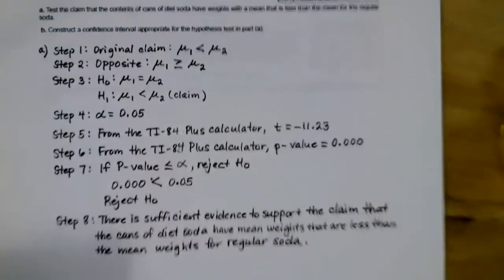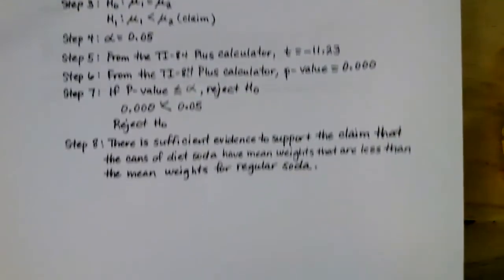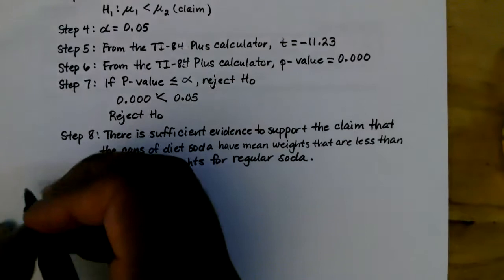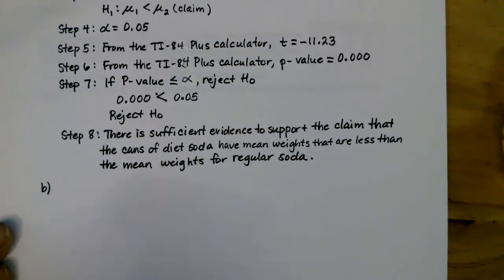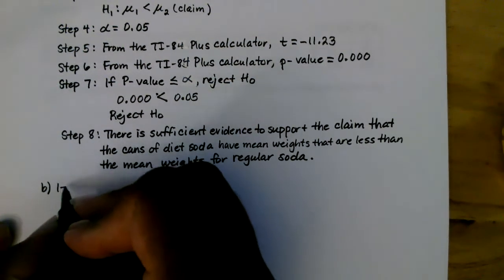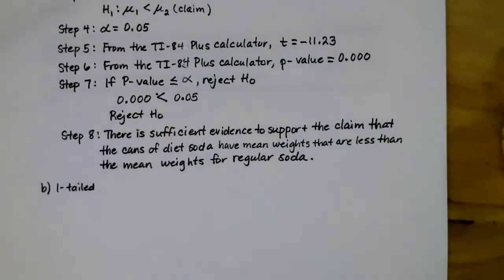Okay, now part B is construct a confidence interval appropriate for the hypothesis test in part A. Okay, now let's think about this here. We have a one-tailed test. And I know that because if you look at your alternative hypothesis, you'll see that it's just strictly less than. So that means we have a one-tailed test, or to be specific, a left-tailed test, since that less than symbol points to the left.